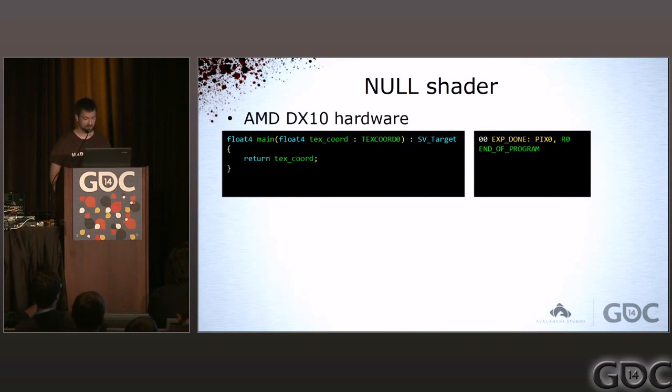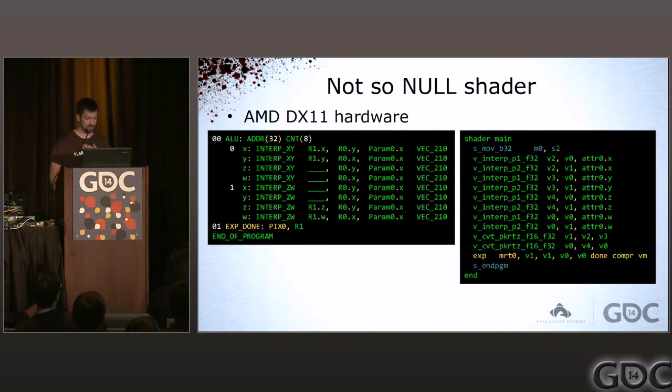But if you bring this onto DX11 level hardware, it's not so null anymore. As you can see, already on previous pre-GCN DX11 cards, you had interpolations handled by ALUs as a bunch of separate instructions. And now on GCN, another couple of instructions have been added for the export conversion in the end.